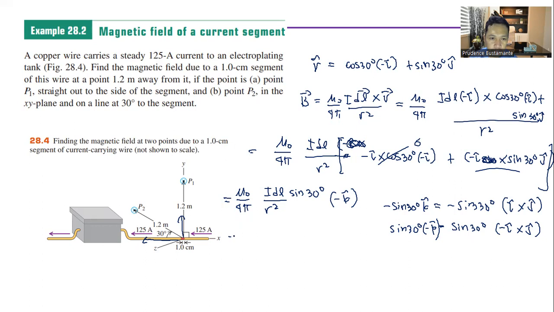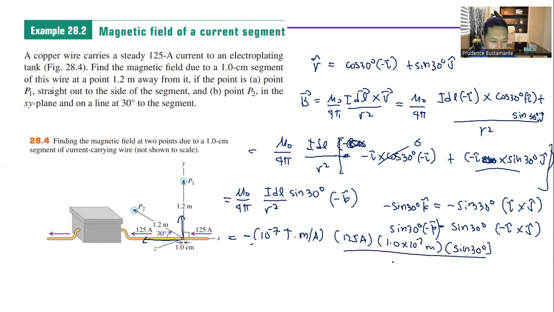If we plug in the values, I'll put the negative here, times 10 to the negative 7 T·m/A, this is the value of mu naught over 4 pi, times 125 amperes, times dl 1.0 times 10 to the negative 2 meters, times sine of 30 degrees, over the distance 1.2 meters squared, and the direction k hat.